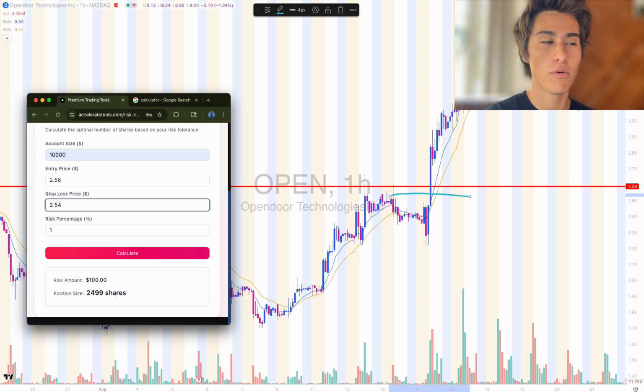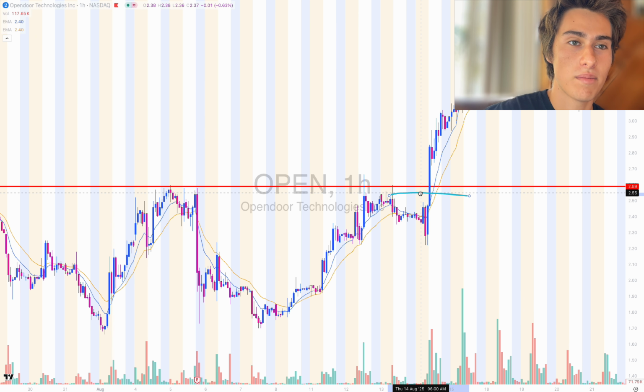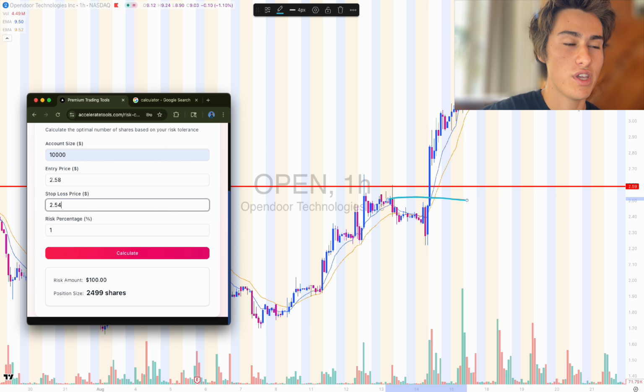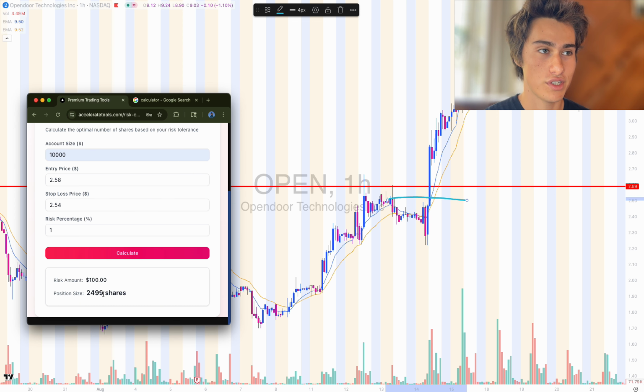By the way, this stock never looked back, so you could have done this and not have been stopped out. Now the odds of being stopped out are higher because the stop loss is a lot closer. But look, this is our stop loss line. We raised it from this to this, and we go from 800 shares to 2,500 shares.